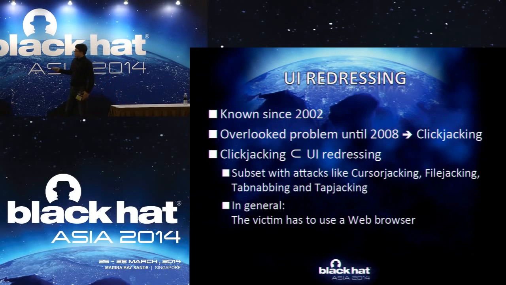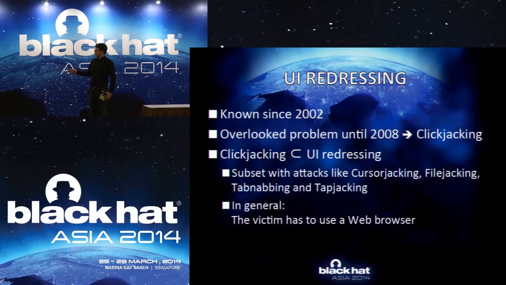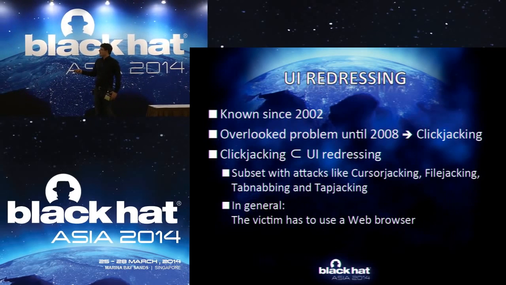This security problem from 2002 appeared again in 2008, and it was called clickjacking. Clickjacking consists of two words. The first word is click, and the second is hijacking. So we hijack clicks with clickjacking. As we can see here, clickjacking is a part of UI redressing.